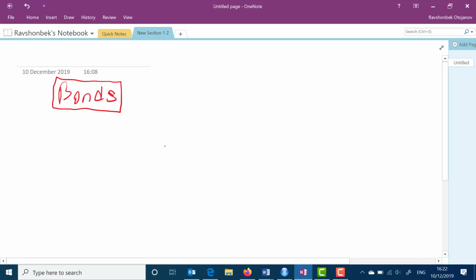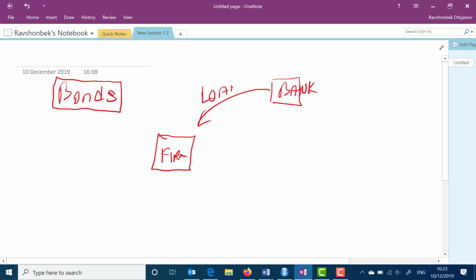Let's say this is a company, a firm. If they want to raise cash or funds for a project, what are the options for them? They can go to the banks and borrow a loan, or they can go to the financial market, City of London, and issue bonds.